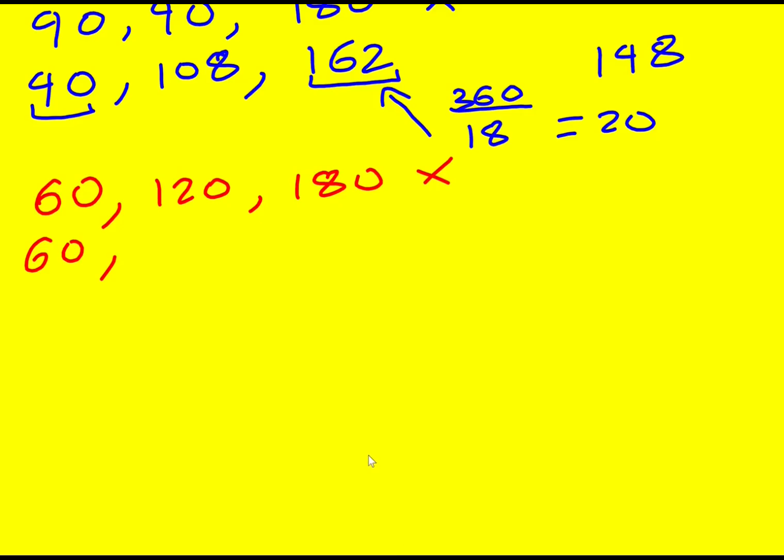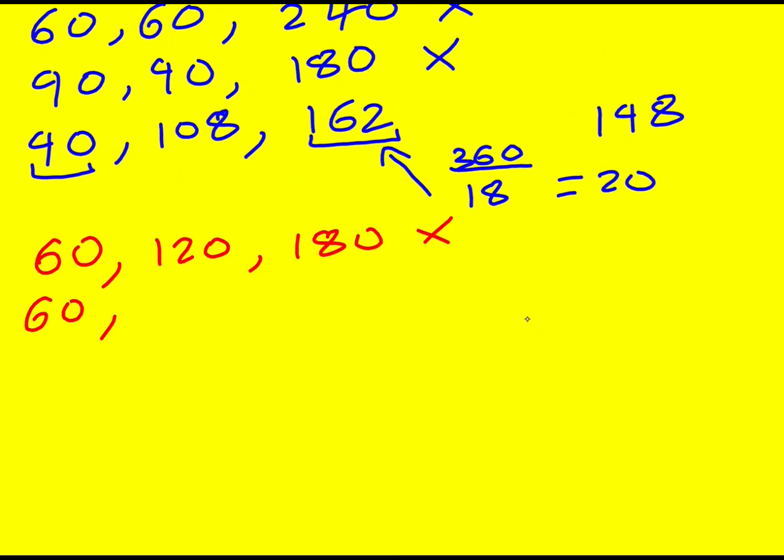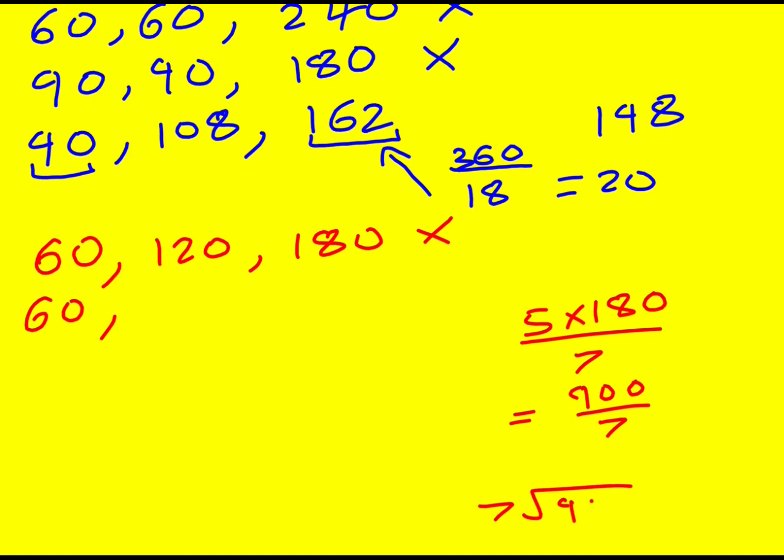Okay, this is an awkward one because of the interior angle. So it's 5 times 180 divided by 7, which is 900 over 7. 128 and 4 over 7.